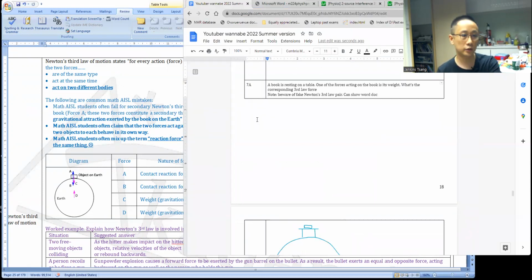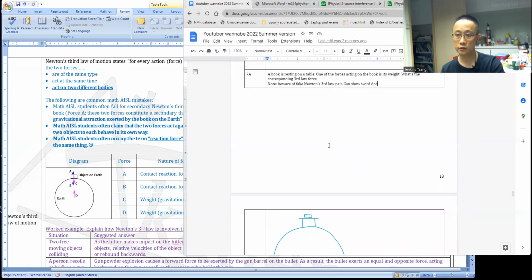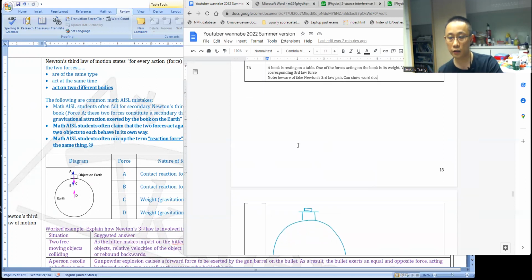And that's what choice A is about. Students who are unaware of this application of the third law would have chosen the push of the table on the book as the support force, which explains how Newton's first law worked. But this question is about Newton's third law instead. So in any event, the answer is A.